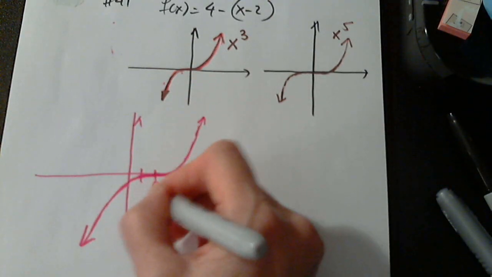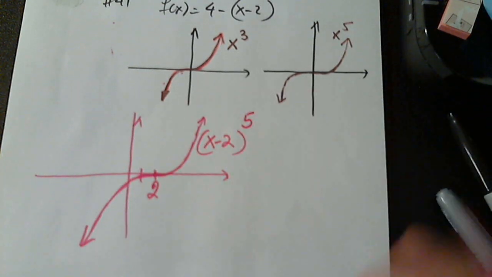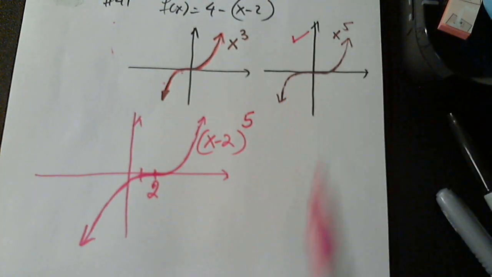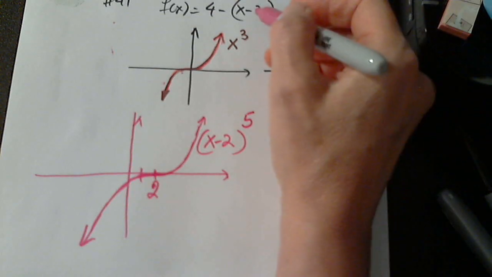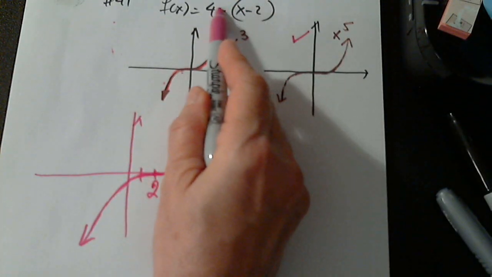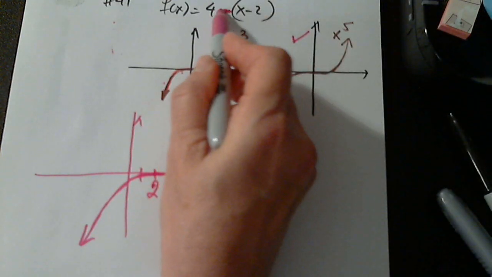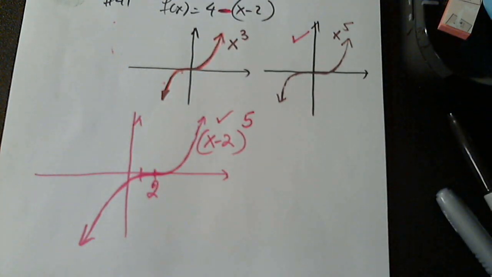So at 2, this is x minus 2 to the 5th power. Good. So this was the first step, x to the 5th. This is the second step, x minus 2 to the 5th power. Now I have to reflect it, exactly like we did with log base 3. I have to reflect this graph. Okay, let's reflect it.